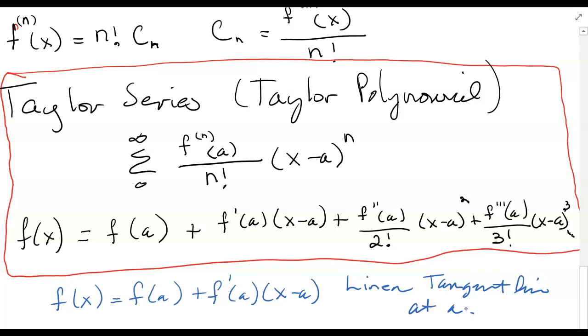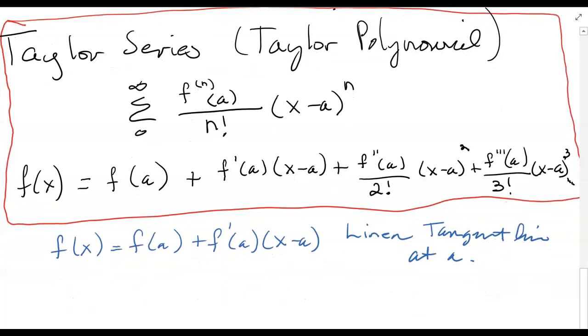Look at that. That is your linear tangent line at a. So if you have an f of x function, this represents the line that's tangent to that function at a. We worked with this in Calc 1. We did linear approximations. So your linear approximation was simply the first two terms of your Taylor series.